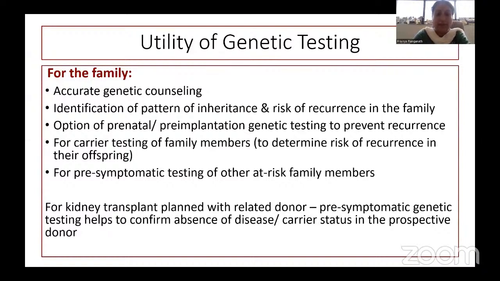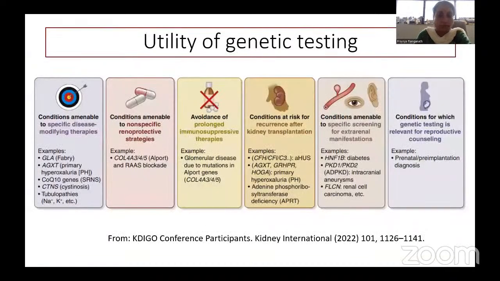And when a kidney transplant is planned, especially with a related donor, pre-symptomatic genetic testing helps to confirm the absence of disease or carrier status in the prospective donor, because we know that the donor may actually manifest the symptoms later but may be harboring the pathogenic variant. So obviously then that particular individual would not be suitable as a donor, and you can properly screen for that if you know the exact genetic mutation to look for.